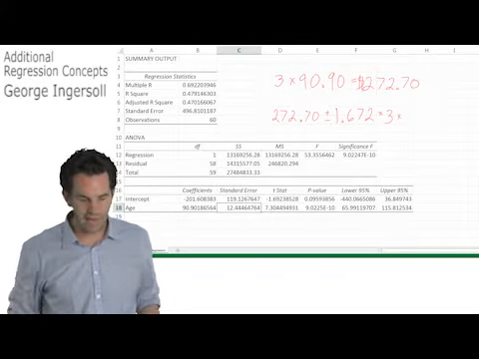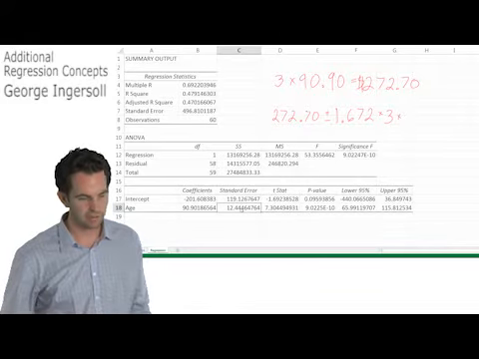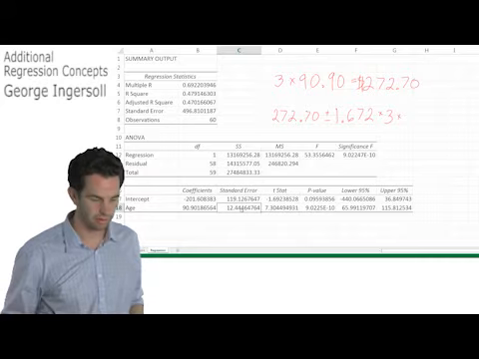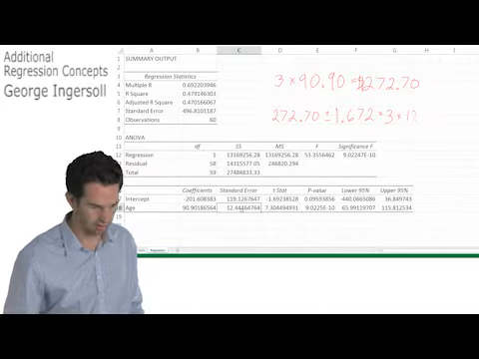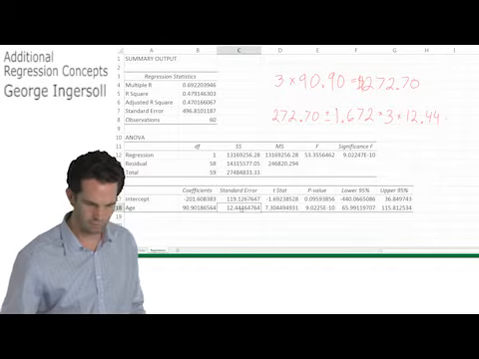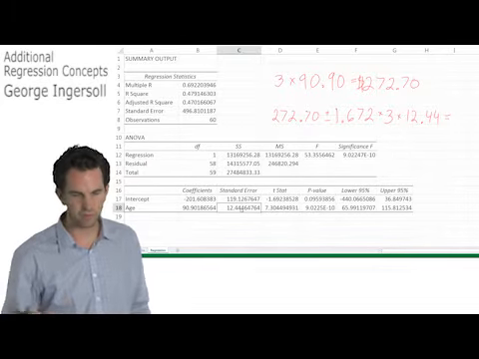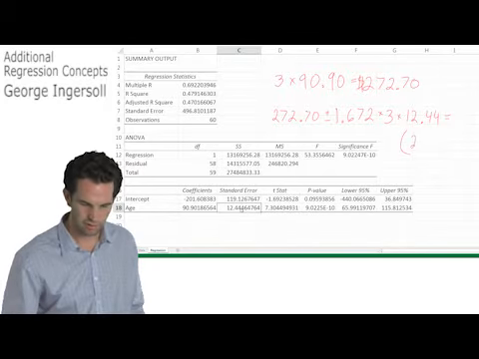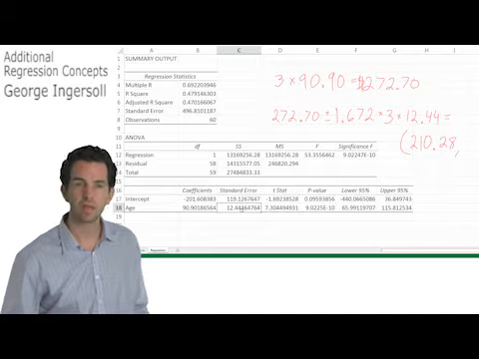And then we multiply that by the standard error of our coefficient for that predictor variable. So our standard error is 12.44. And that's going to give us, so we're doing a plus and minus, a confidence interval of between 210.28 and 335.13.